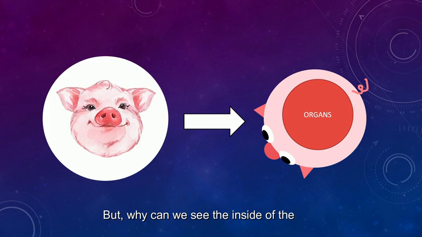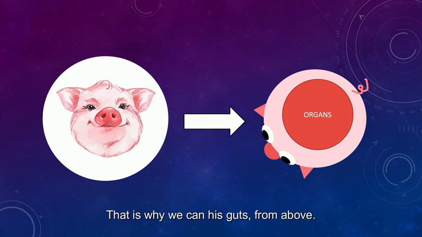But why can we see the inside of the pig? It is because the pig is simply second-dimensional. He will have nowhere to put his guts except the flat space of the second dimension. That is why we can see his guts from above.